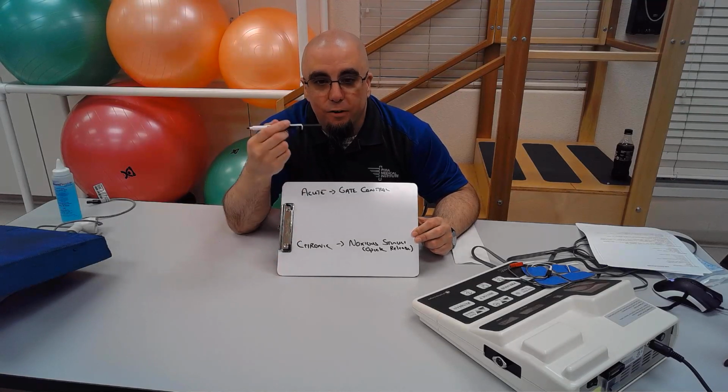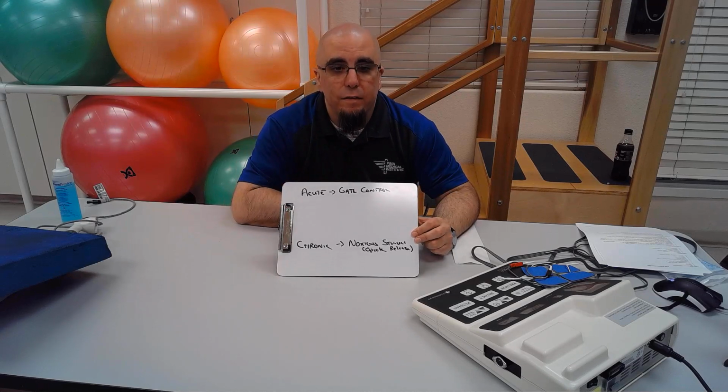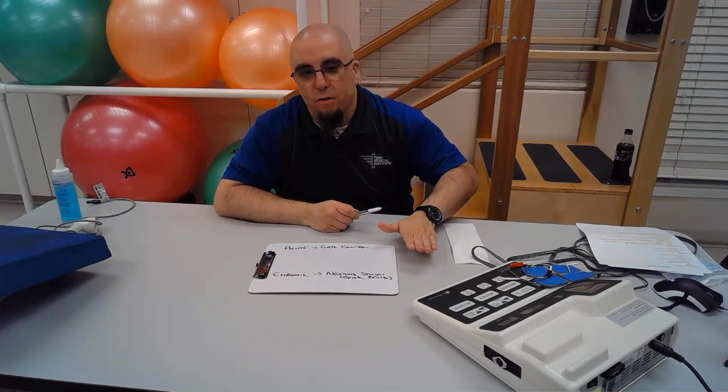This is going to help determine our frequency and our pulse width. Our frequency is how often that eStim is hitting, right? So pulses per second, whether it's a high frequency or a slow, steady beating frequency. Pulse width is how long each of those hits comes along, and that's usually measured in microseconds.